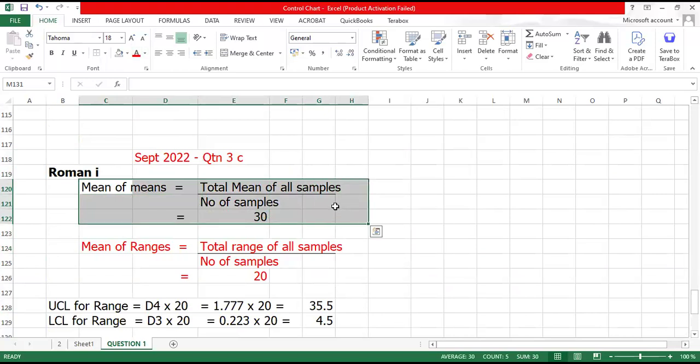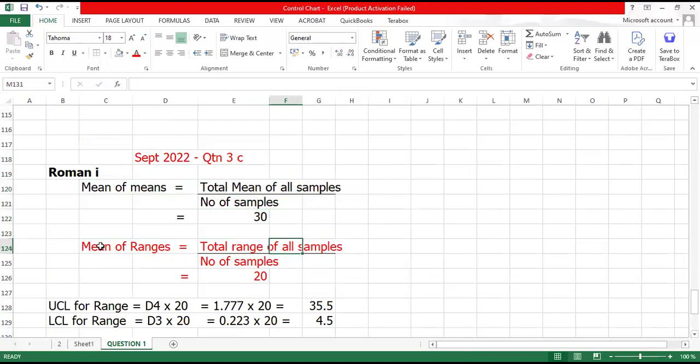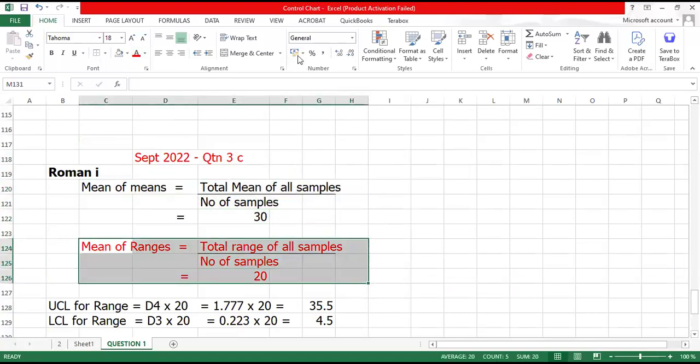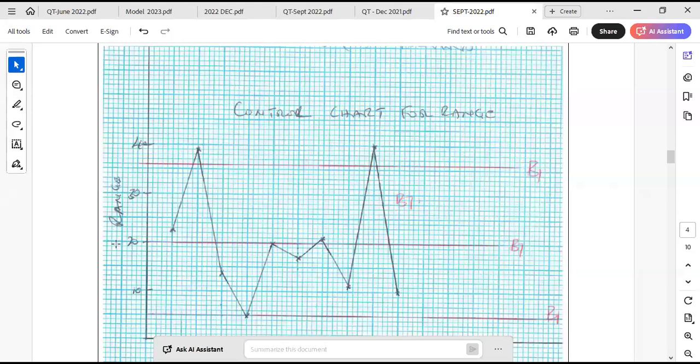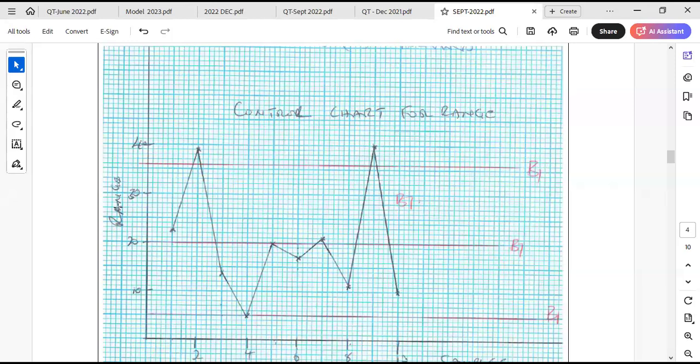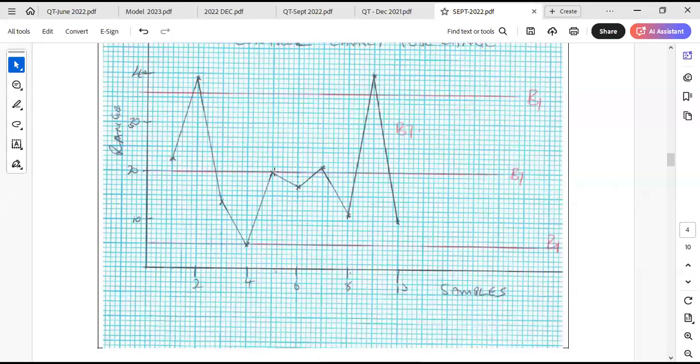For range, the middle line will be the mean of range. If you're doing a mean chart, you base on mean values, not range values. Put here sample mean. You put the words sample mean. Even here you put sample range because you're dealing with samples.